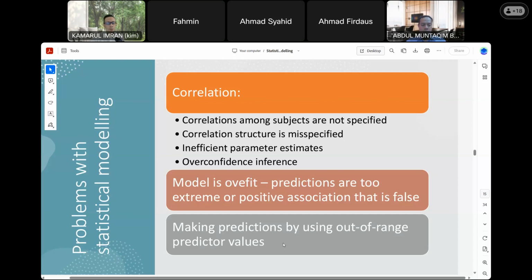So when you build, for example, a risk calculator, because now you say, oh, I can now make calculators, don't make calculators for 20 years old and 80 years old when your data only contain people from 40 to 70 years old. Okay, so that's what is meant by out of range predictor value.